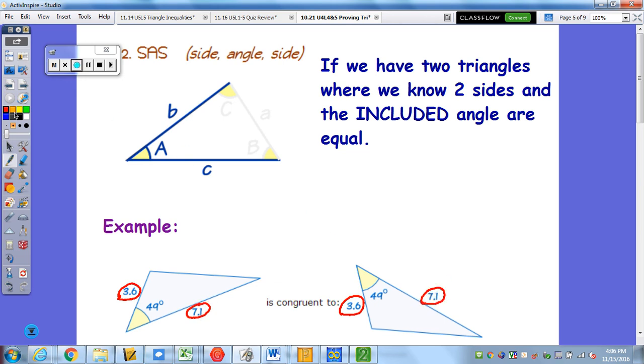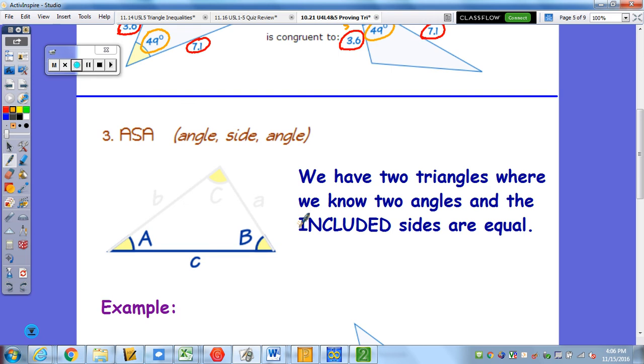And the included angle, the angle that exists between those 2 sides, is congruent. Therefore, I have a side, angle, side congruency. That's what side, angle, side means. And again, you can pause this at any point to write the notes down for yourself as we go through this.